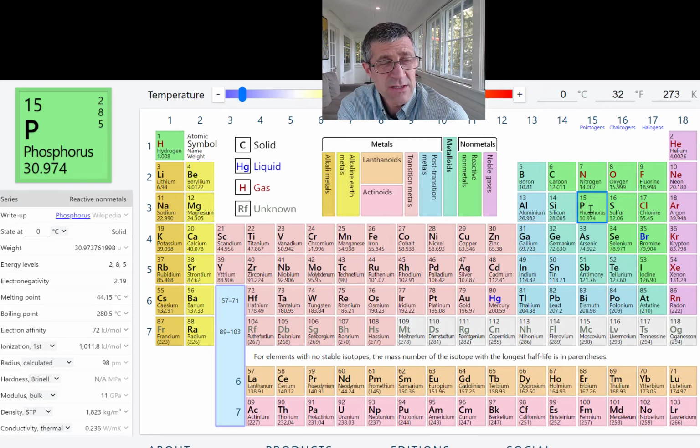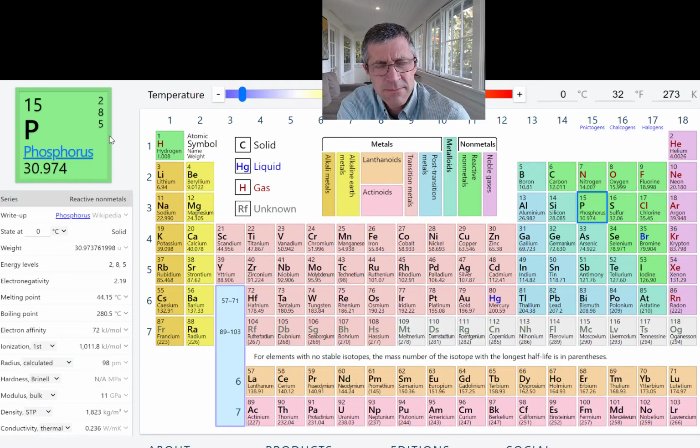Lastly, you'll notice that there's a list of numbers in the upper right-hand corner of the box around phosphorus. This is the 2, 8, 5, so that is my electron configuration. That's telling me that at the layer closest to the nucleus, I can get 2 electrons, in the layer second away, I'll find 8 electrons, and in the outermost layer, I will find 5 electrons.